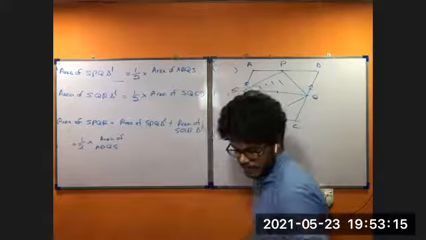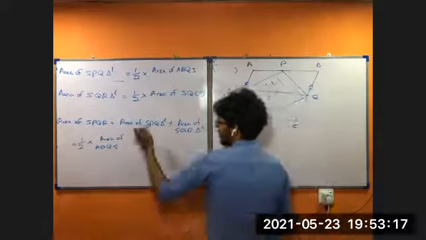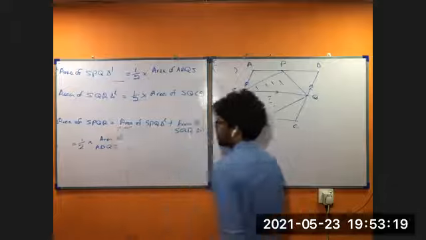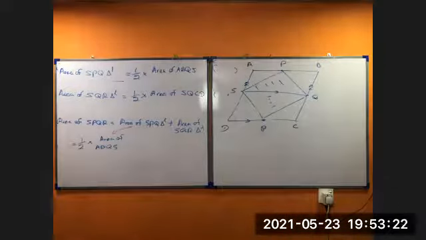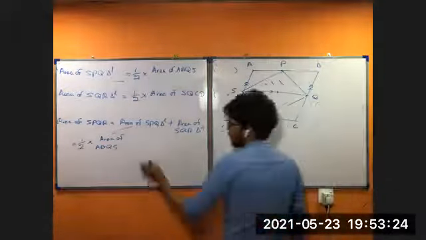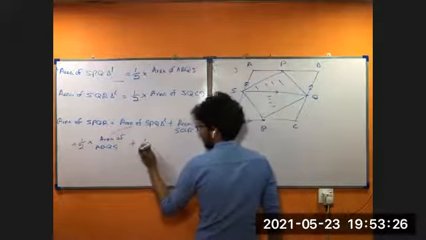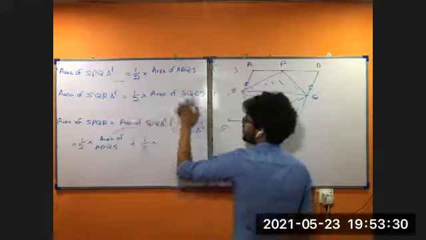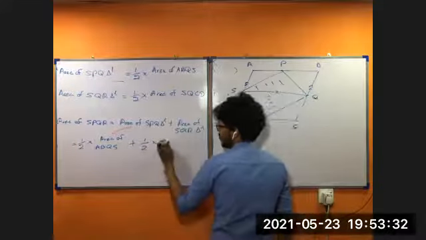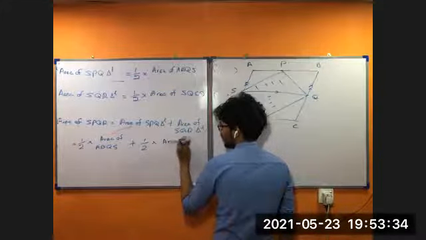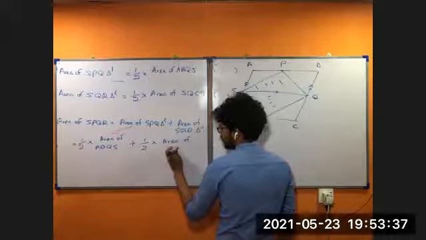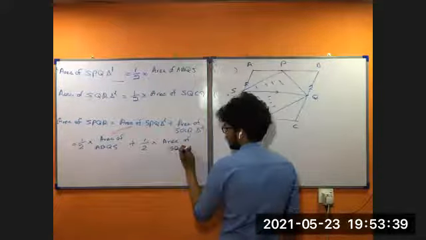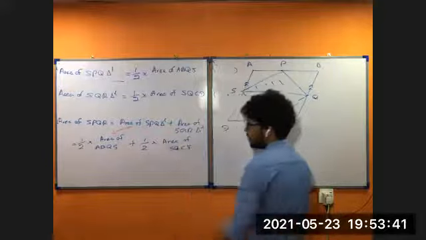So since I proved it, I can write area of SPQ is directly equal to half the area of ABQS. Then plus half the area of SQR. SQR triangle is half the area of SQCD. So I can write half the area of SQCD.